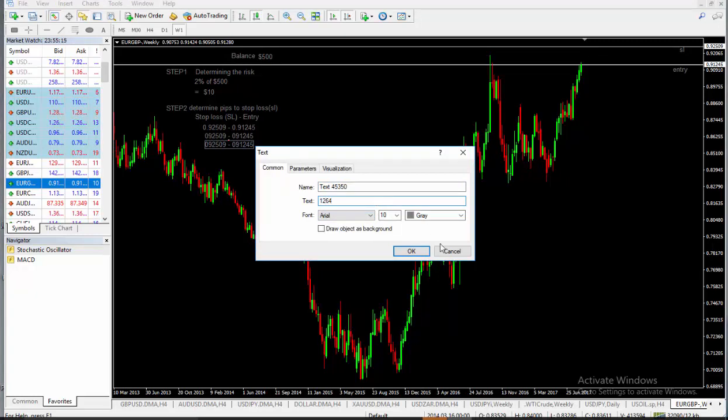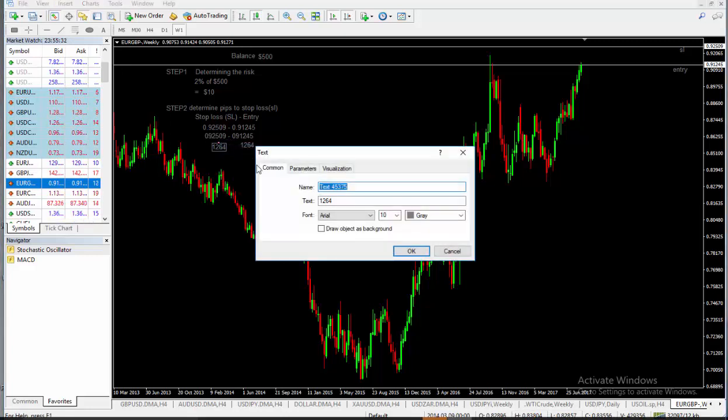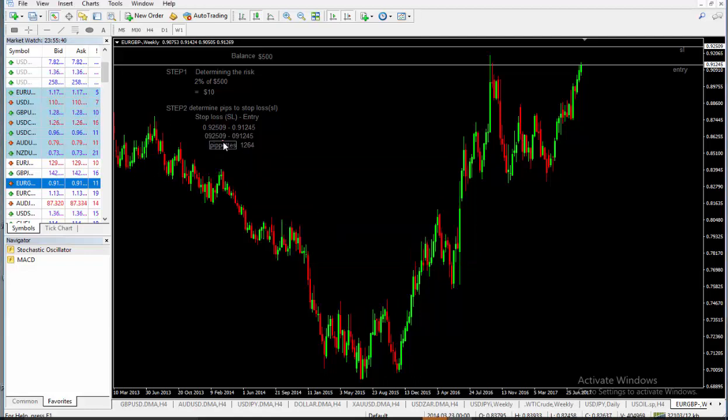1264. Now that 1264 is not in pips, guys. It's in pipettes. It's not pips, it's pipettes. So to get pipettes to pips, we have to divide this number by 10.